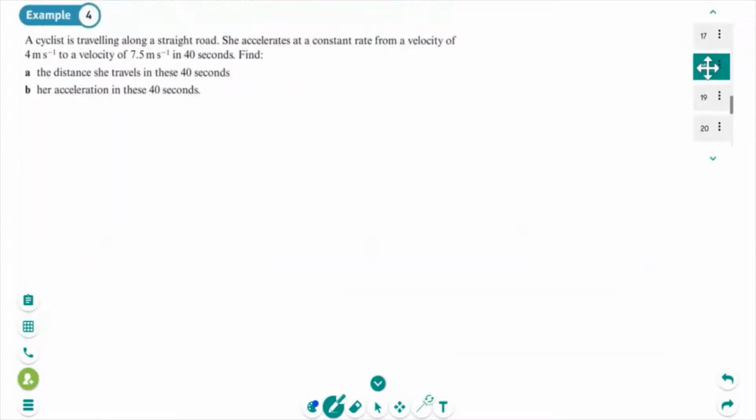Examples. Okay, this one. You've got a cyclist traveling along a straight road. She accelerates at a constant rate from a velocity of 4.